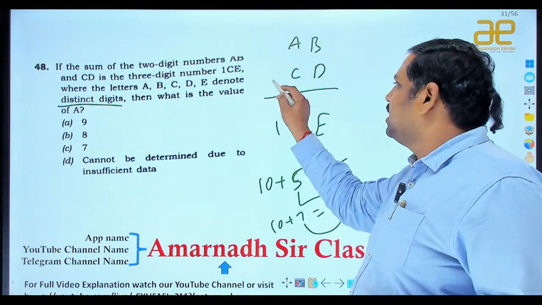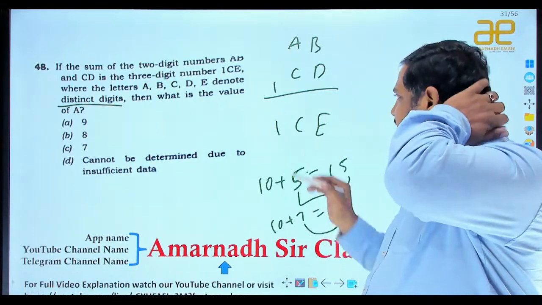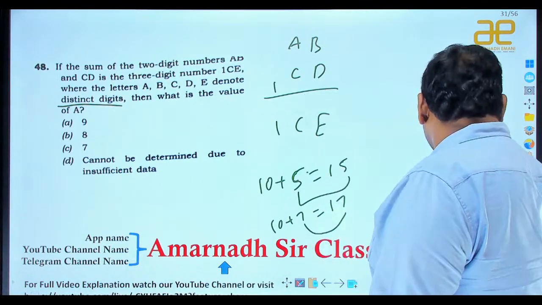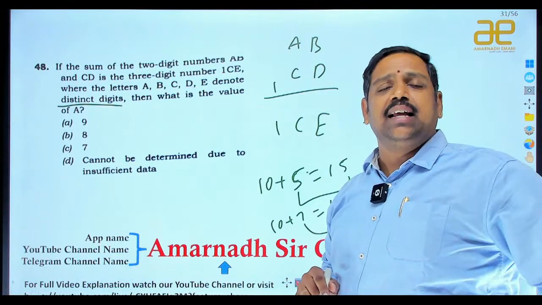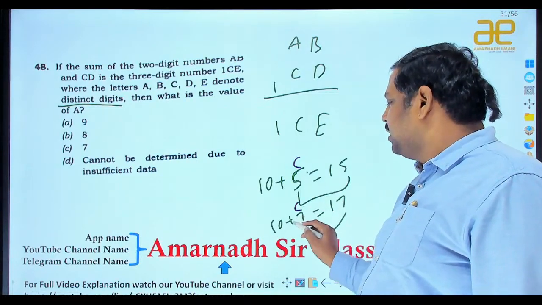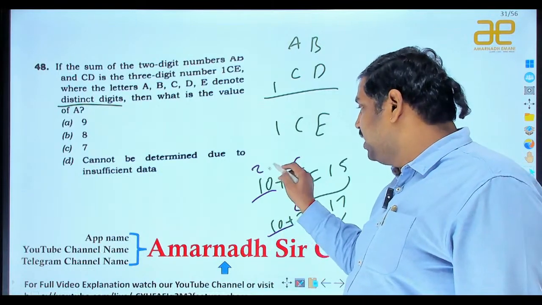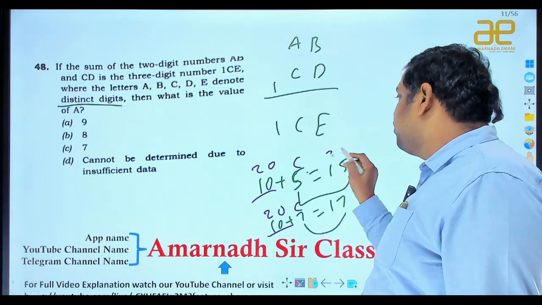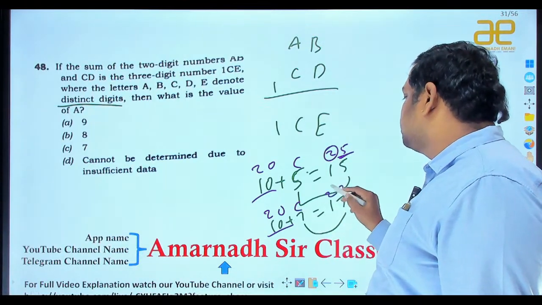So there is a 1 carry, that 1 comes here. So what I can say is, since this C appeared here, definitely the other number should be 10. And of course, even it could be 20 also. 20 plus 5 will be 25, so units place is 5 only. 20 plus 7 is 27, units place is 7 only.